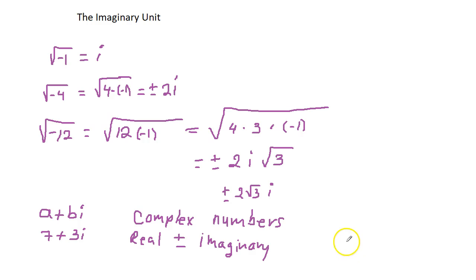So another example of a complex number would be something like 5 minus 7i. Okay? Real part, imaginary part. And so there is our imaginary unit and an introduction to complex numbers.